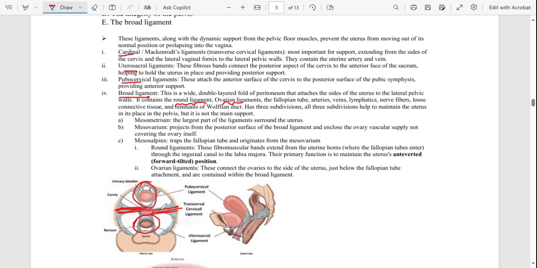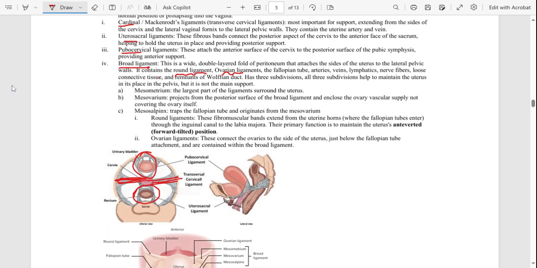So the round ligament itself is going to extend from the uterine horns, and we know this one actually enters the inguinal canal in females. And then the ovarian ligament will attach to the ovaries. Okay, so those are the ligaments. Of these, the most important one is the cardinal ligament.